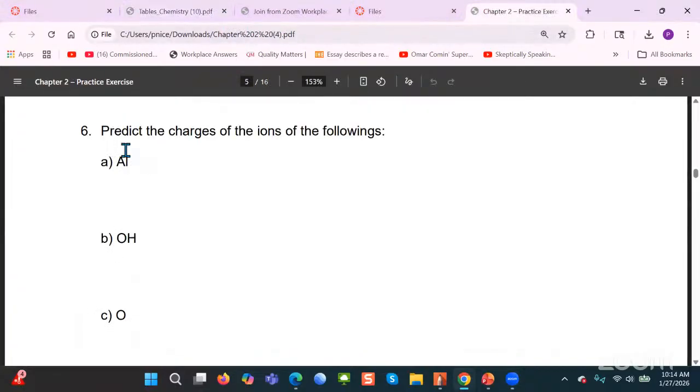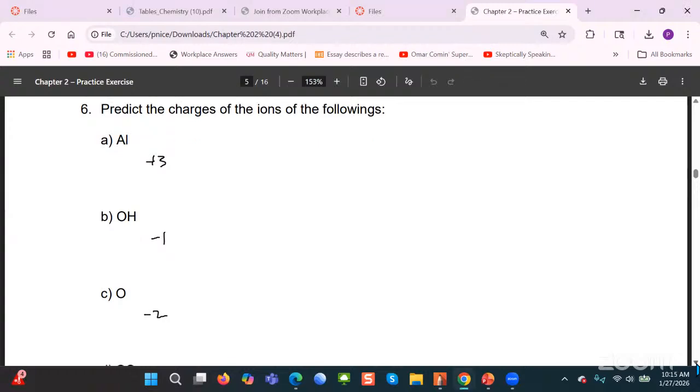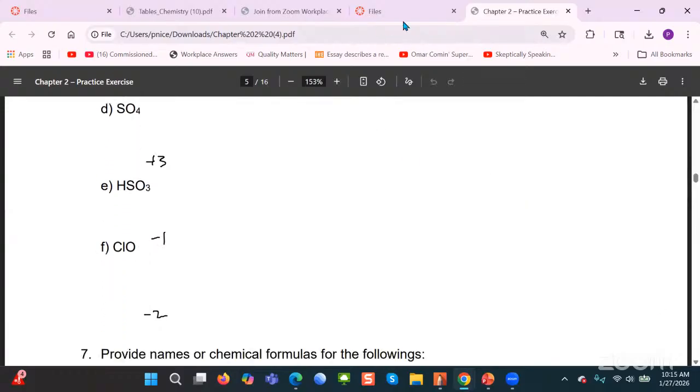So in the case of aluminum, the aluminum ion will have a +3 charge. So you just put +3 here. In the case of the hydroxide ion, that would be -1. In the case of the oxide ion, that would be -2, and so on and so forth. So all you have to do is refer to the table and write down the charges. All right. So I'm going to leave the rest for you to do. That's relatively easy.